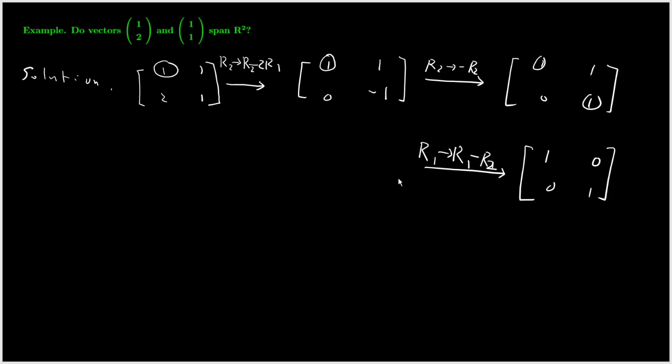After getting RREF, we can answer the question. Again, the question is, do these two vectors span R2? By definition, it means every vector in R2 is a linear combination of the two given vectors. To use the shortcut method, we form a matrix like that. The components of the vectors go into the columns, right?